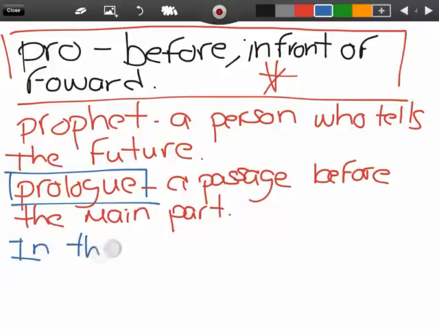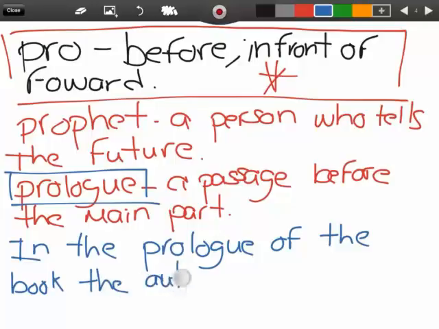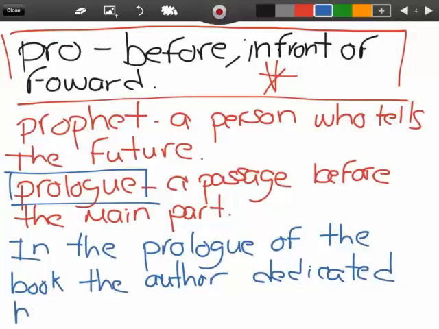In the prologue of the book, the author dedicated it to her mother.